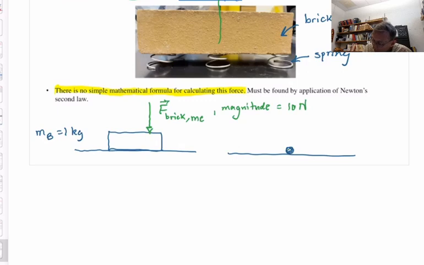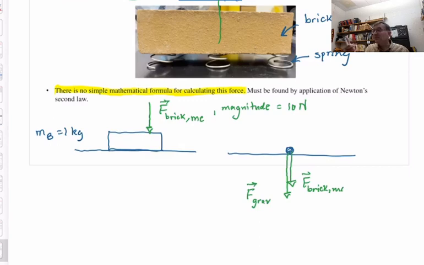There's my downward force. So the force on the brick due to me. What else? Did you say there was a gravitational force, a force due to gravity? Of course there is. I'll just label it F grav on the brick. Force on the brick due to Earth. But that can't be all, can there?